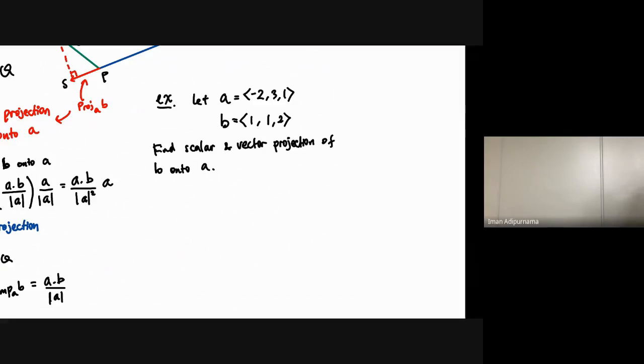So meaning what you need to do is find the projection, or maybe the scalar first, the component of B along A, and projection of B onto A.